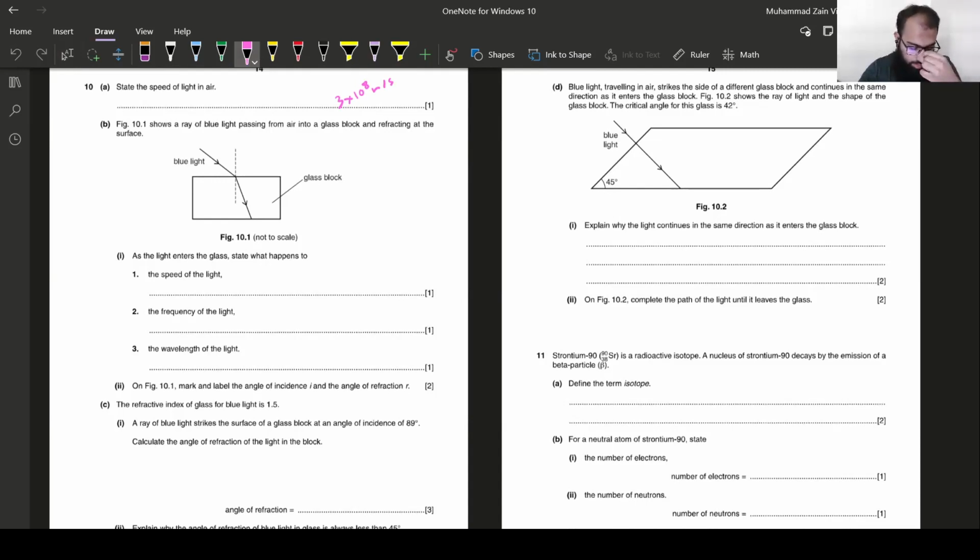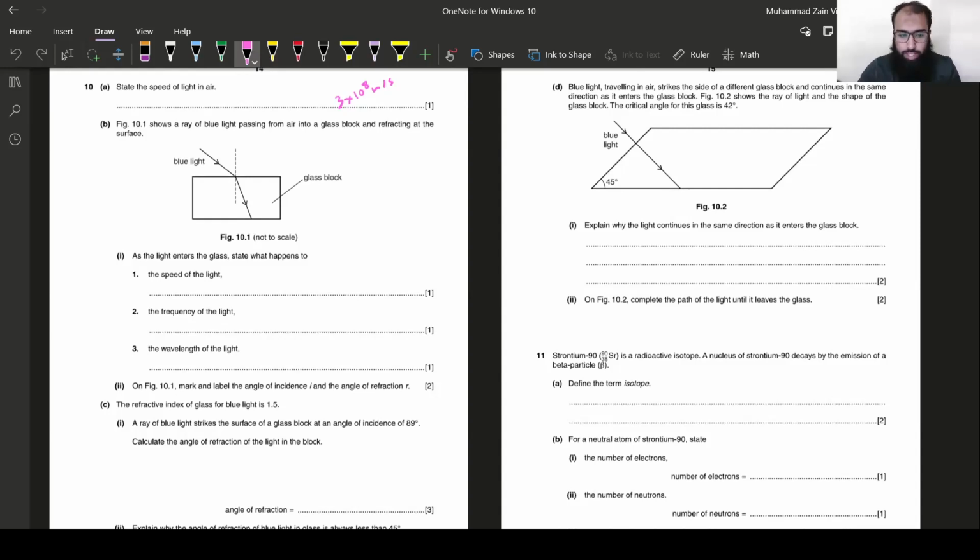The next thing is the speed of light. What happens to it? Previously, one of the questions we did was water waves, which moved from deep water to shallow water. In that case, their speed decreases, because there was a change in the medium. Similarly, although electromagnetic waves do not require a material medium, when the wave moves from a less dense medium to a denser medium, there is some effect.